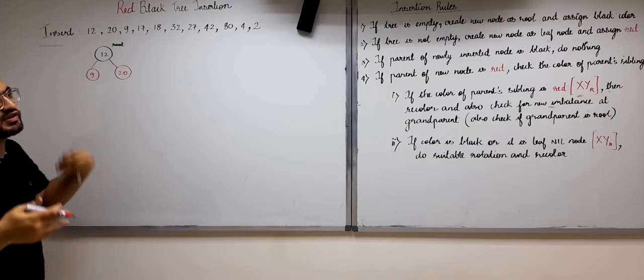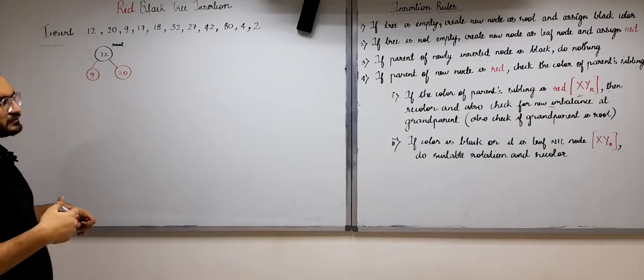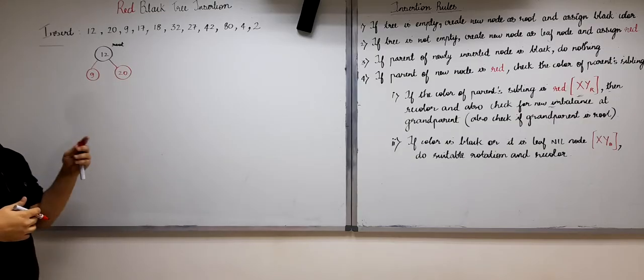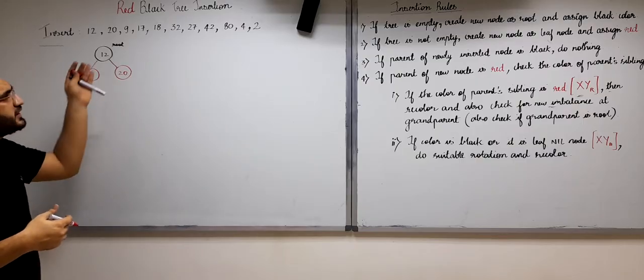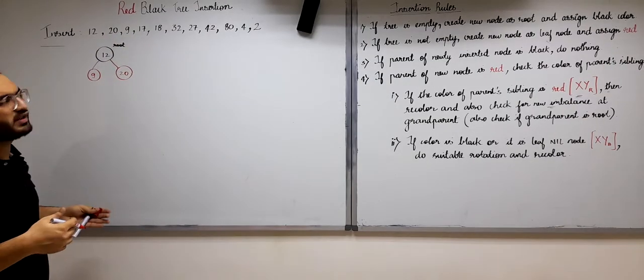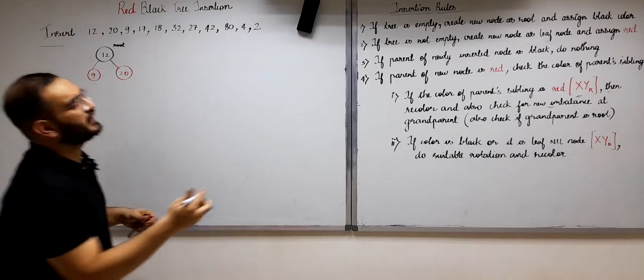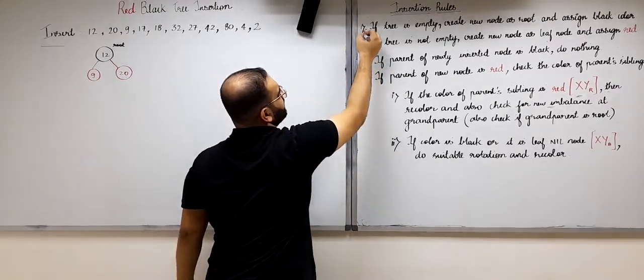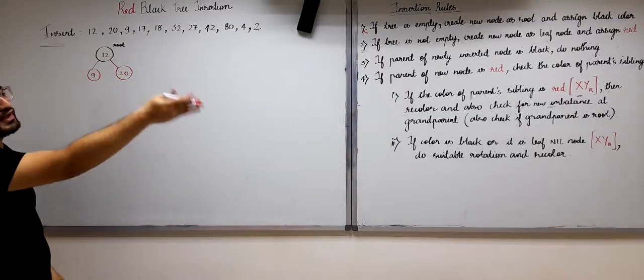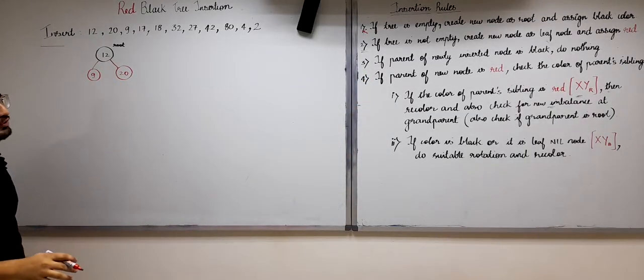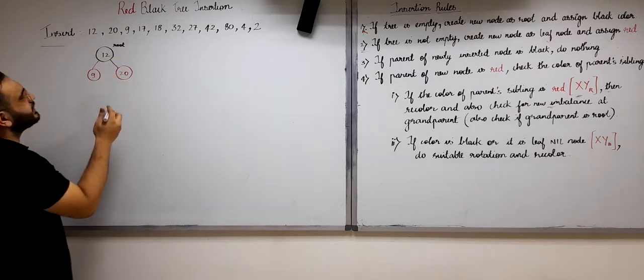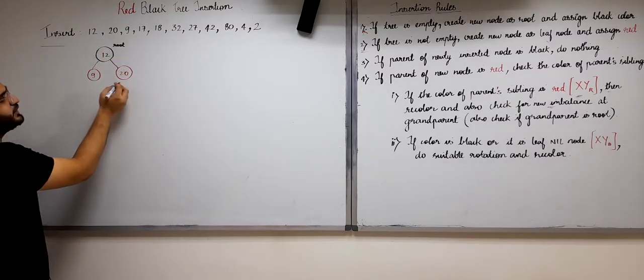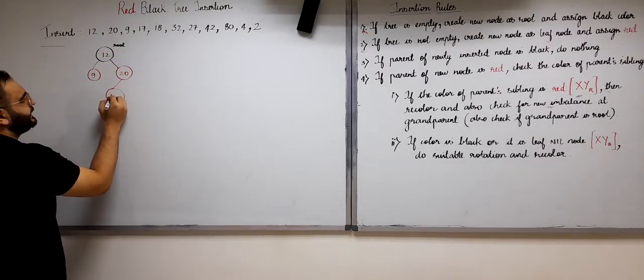So we keep on inserting nodes, so that is why the tree will never be empty while we are inserting all these elements. So the elements will not follow this rule of insertion, but the rest of the rules of insertion they can follow. So now we assign red color to 17 and we insert it on the left side of 20, okay?